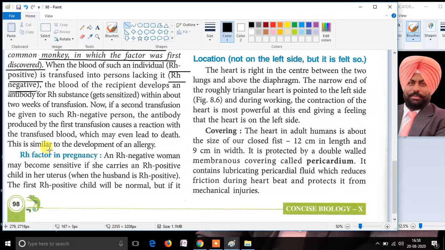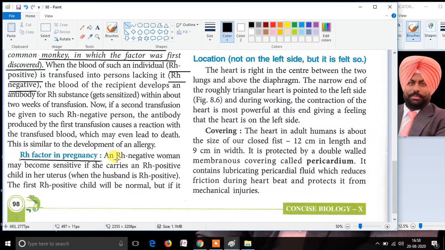Rh positive can't be donated to Rh negative. Moving on further, we can see some effects of Rh positive blood being given to an Rh negative person.